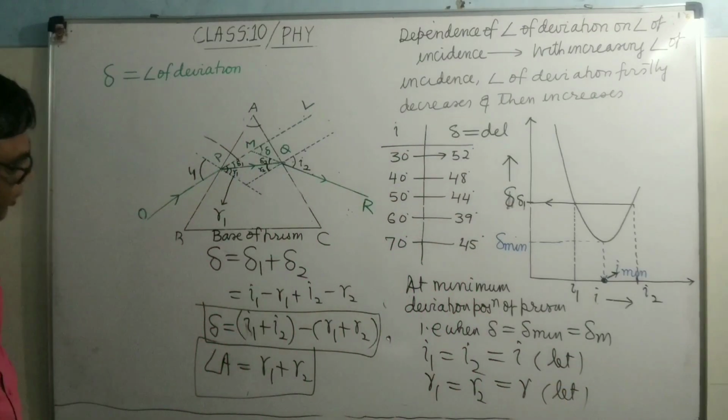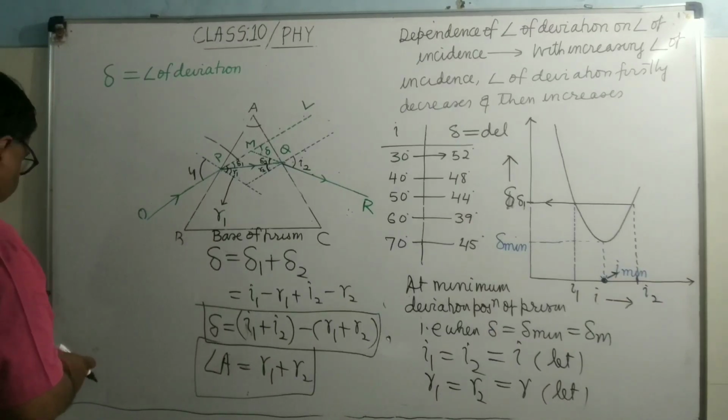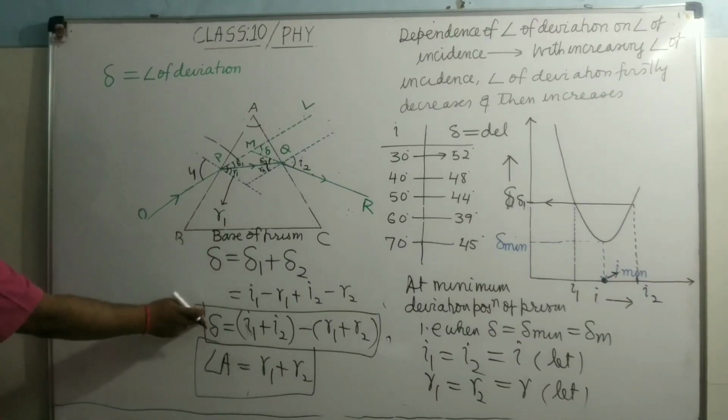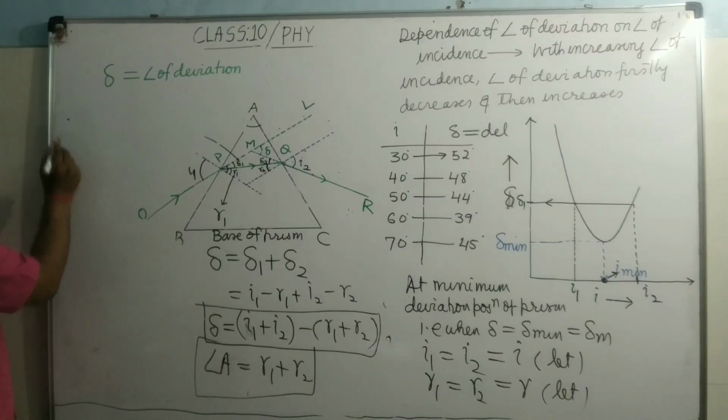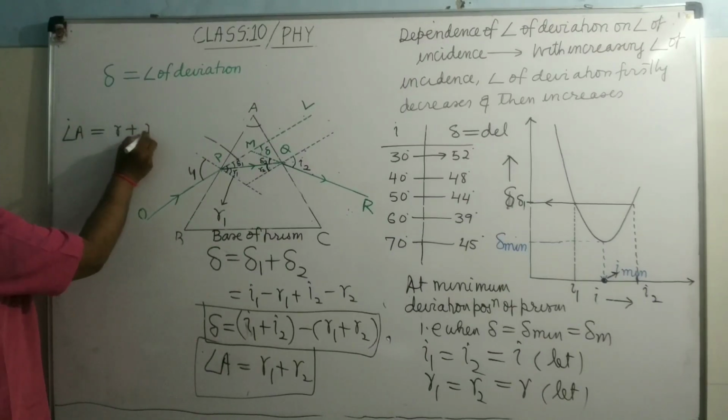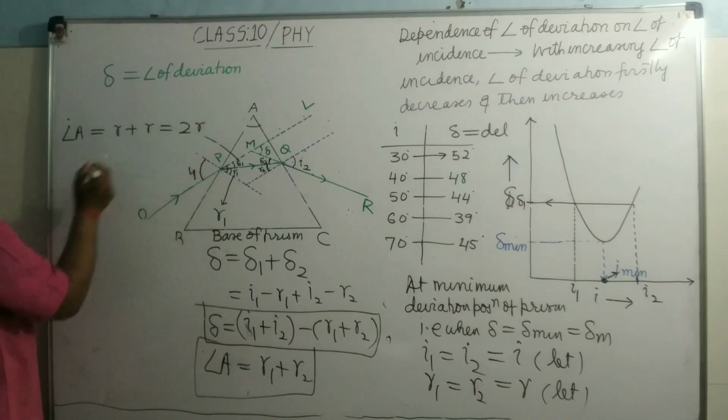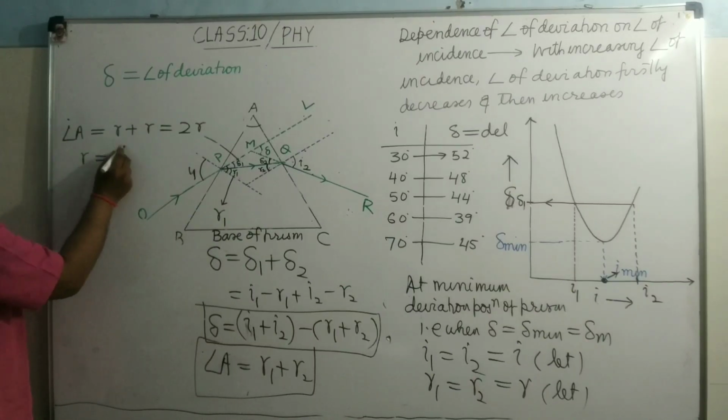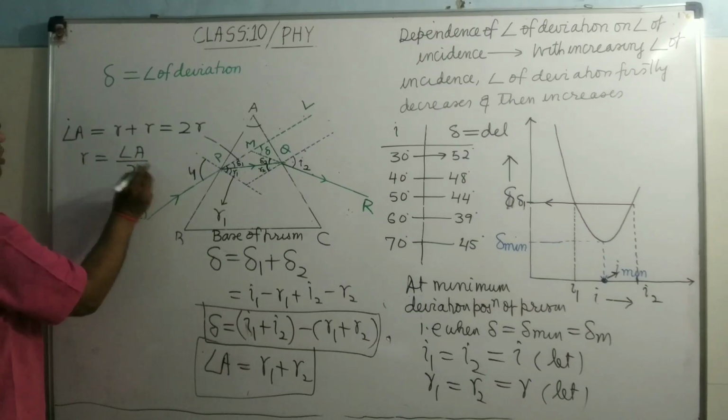So when you substitute these values here, what will you get? First you see this, angle A equals r plus r, that is equal to 2r. So what is r? Angle A by 2.